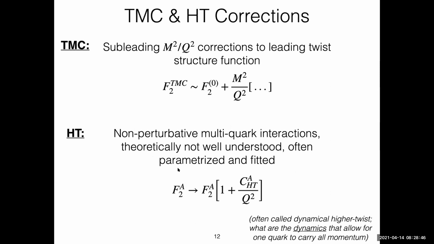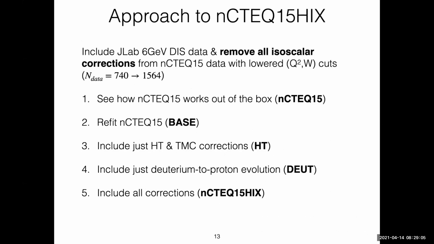And often these corrections are parameterized as a 1 over Q squared like dependence, and you fit some functional form to extract these higher twist effects. What we did in nCTEQ15 is we just used the CJ higher twist effects and put that into our framework. So the approach to nCTEQ15 high X was the following.